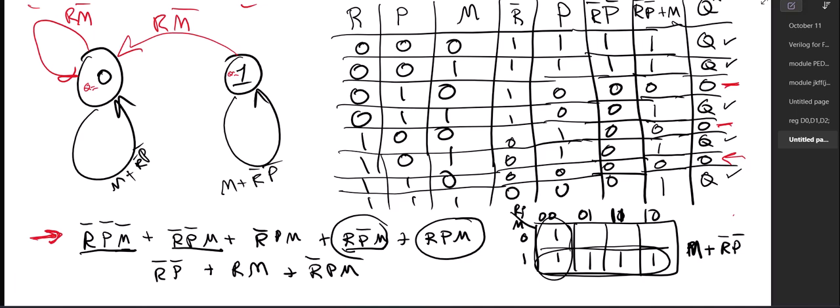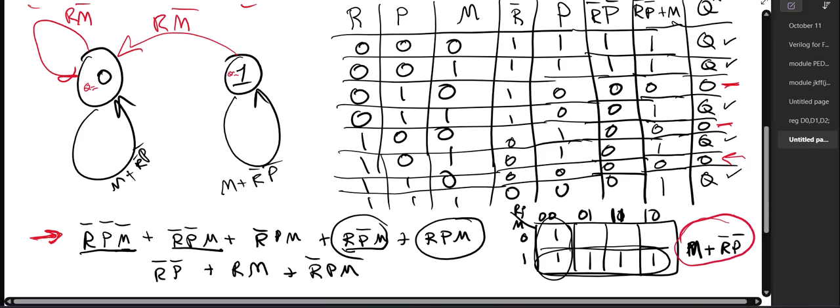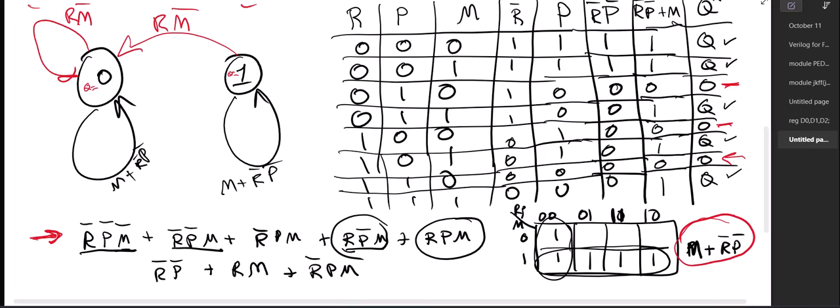And after that, I did a Karnaugh map to come up with this expression that shows these were all the rows where Q star equaled Q. If Q star equals Q, that means if you have that as your input, you just go back to where you were.